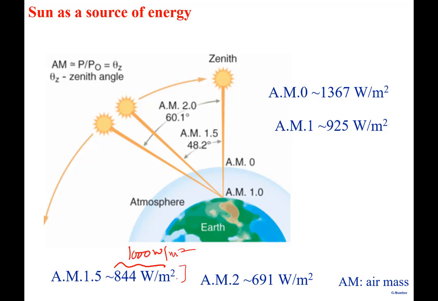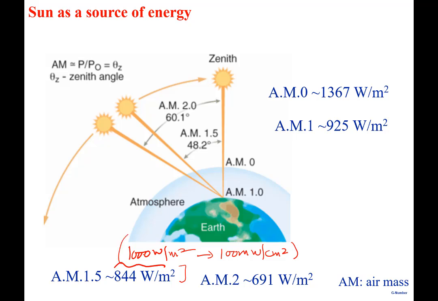Although 844 is the amount of radiation that falls on the Earth's surface at AM 1.5, it is a slightly odd number, so they characterize it under 1000 watts per meter square, which translates into 100 milliwatts per centimeter square. So if you want to keep a number in your mind, right?